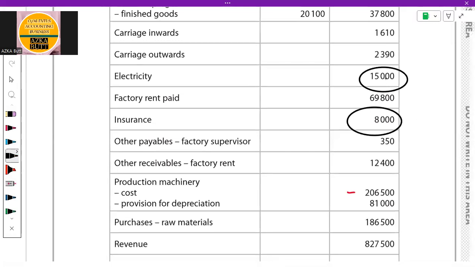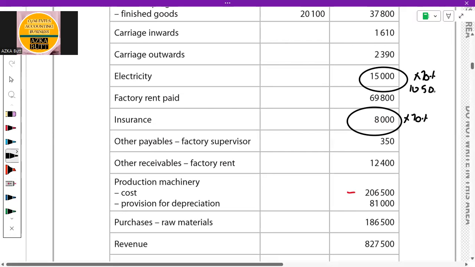So we multiply $15,000 by 70% to get the electricity expense for the factory: 15,000 multiplied by 70% divided by 100 is 10,500. We will show this as the factory electricity expense. And 8,000 multiplied by 70 divided by 100 is 5,600. This will be the insurance expense.